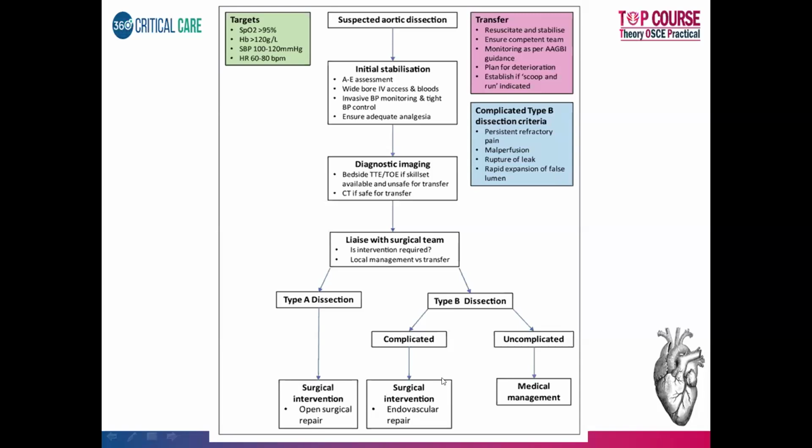In such cases, you have to do a surgical intervention, but here it is an endovascular repair. And if it is an uncomplicated type B, then only medical management is sufficient. So type A dissection, it is an open surgical repair. Type B complicated, it is endovascular repair. And type B uncomplicated, it is medical management.